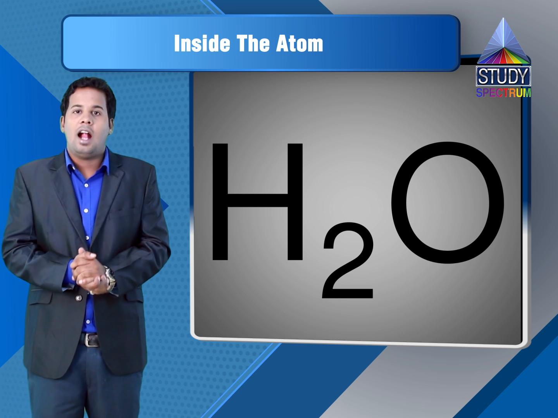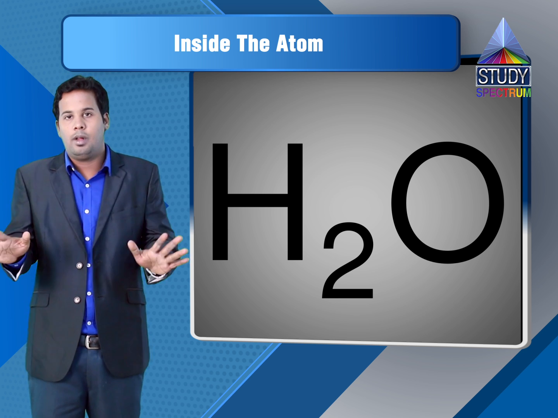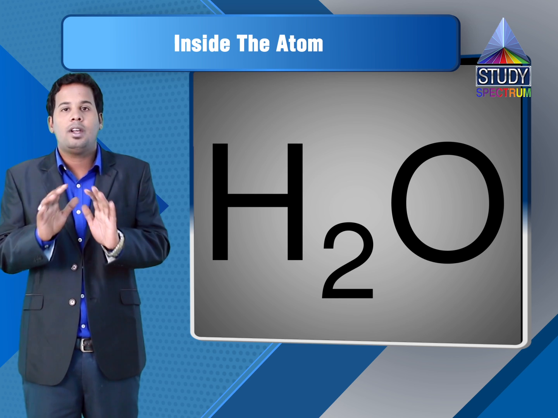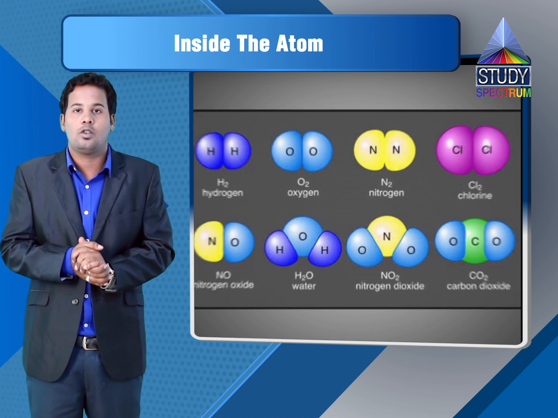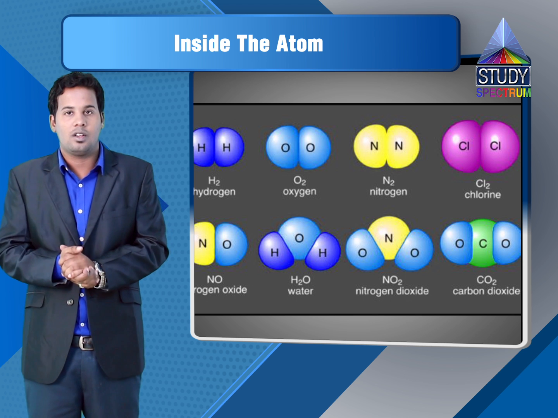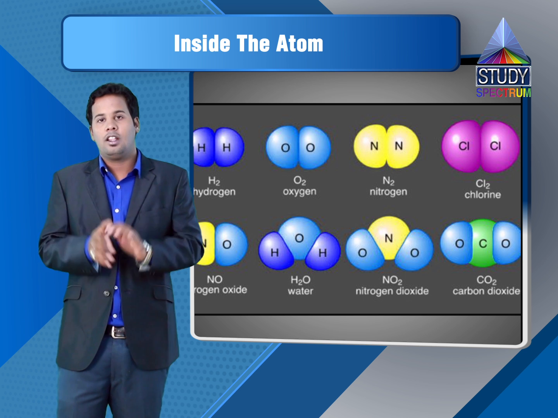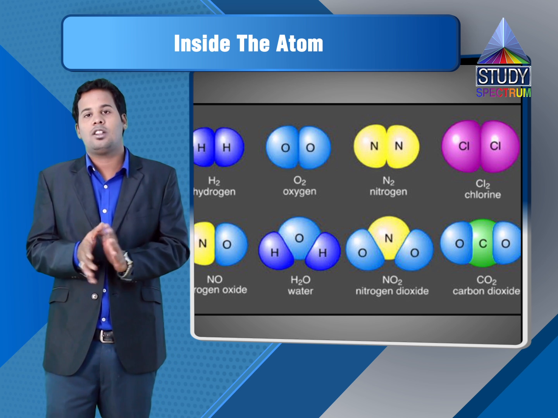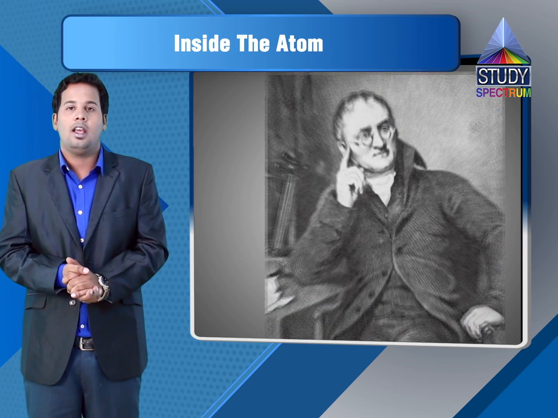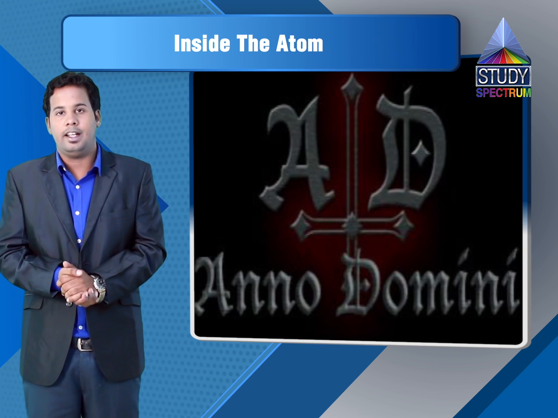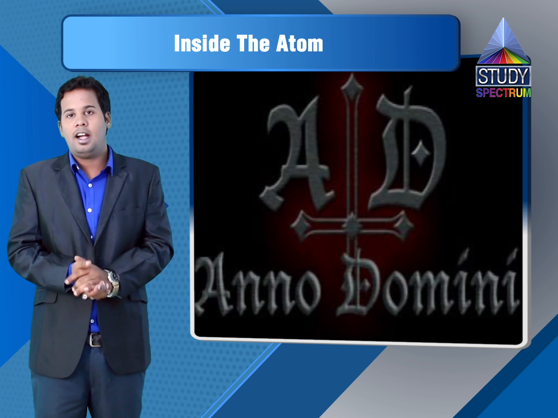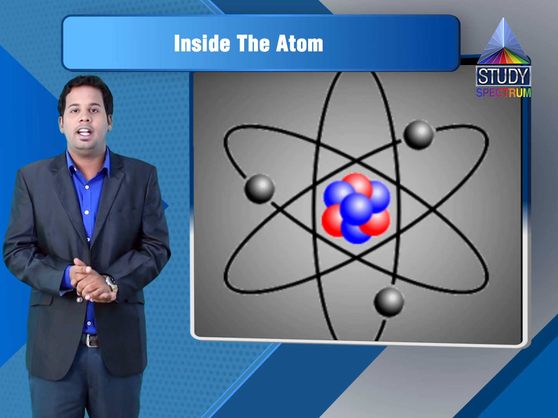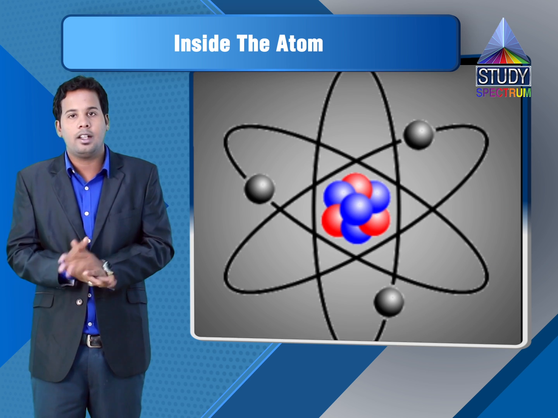He said atoms are indestructible. They cannot be destroyed, they cannot be created, but they can be shuffled, they can be reorganized to form different molecules. So these were the 4 points of the very famous theory given for the first time by John Dalton in 1803 AD. The first point: atoms are the smallest indivisible particles present in any matter.